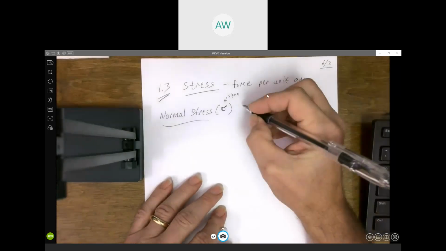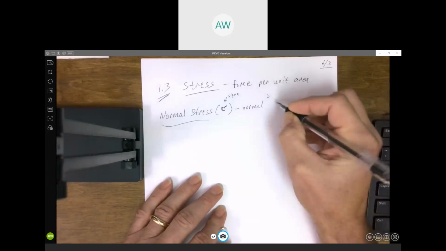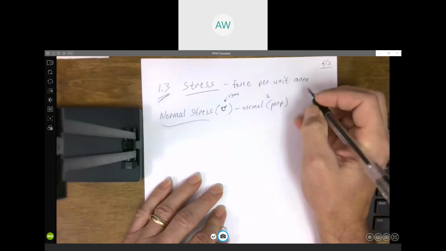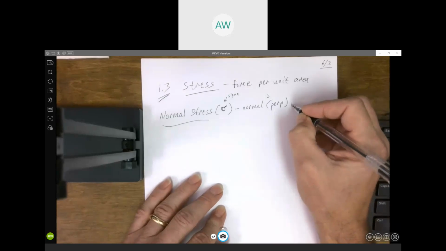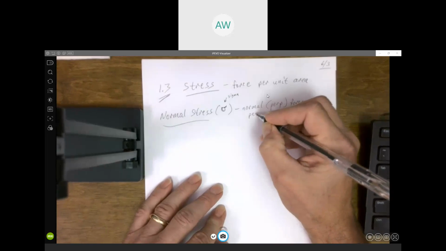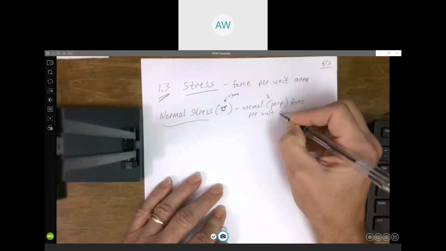So the normal stress is the force that's perpendicular to the surface area per unit area.